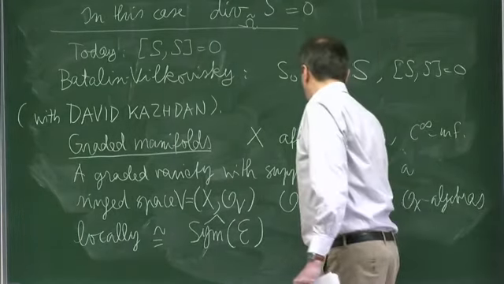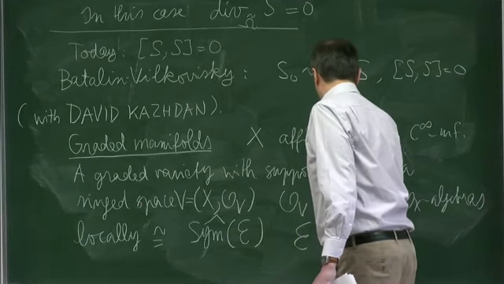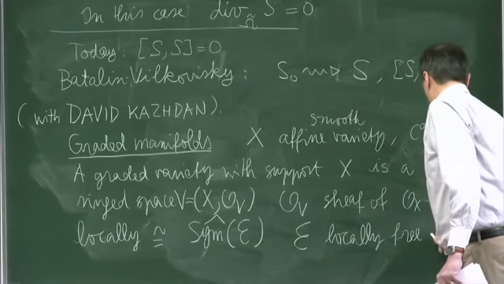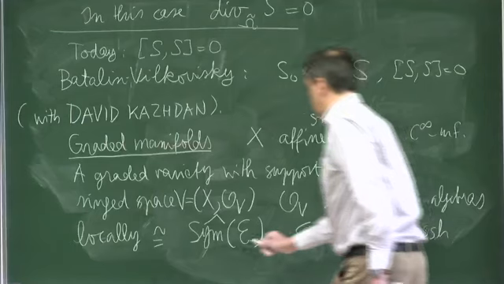So E is a locally free sheaf, or a vector bundle, over O_X.